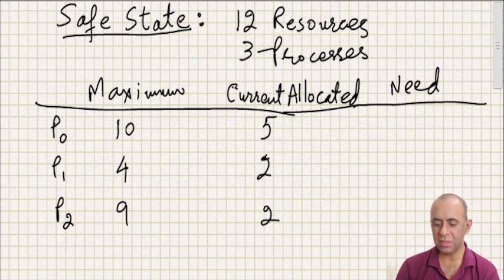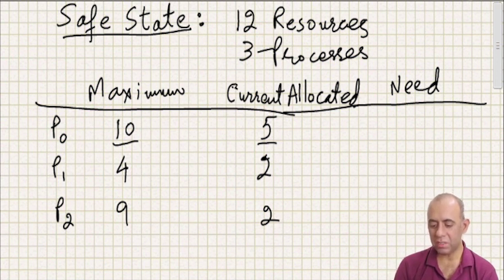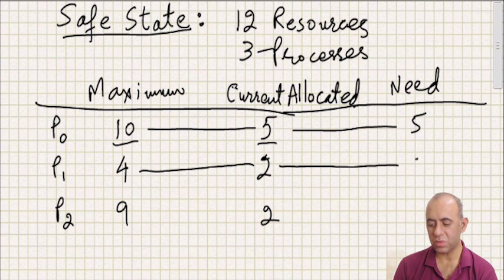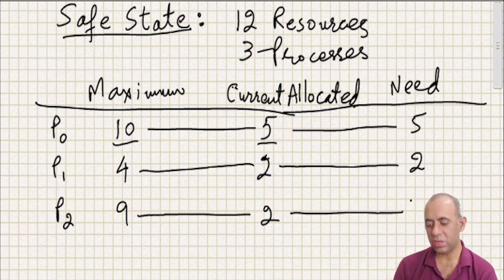If this is the maximum and this is the current allocation, what can be the maximum need of this process? The maximum need can be 10 minus 5, which is 5. Similarly, process P1 can at most request 2 more instances of this resource, because 4 minus 2 is 2. Similarly, process P2 can request 9 minus 2, 7 more resources. So this is the need of each process.